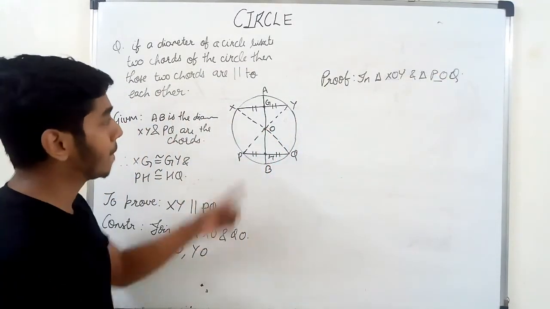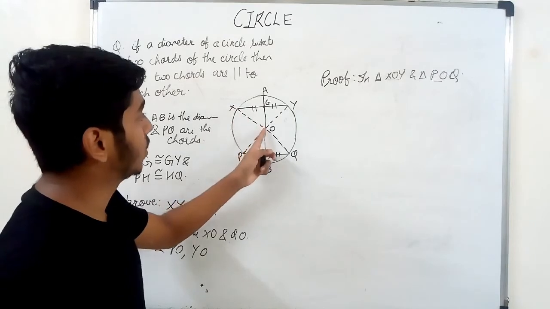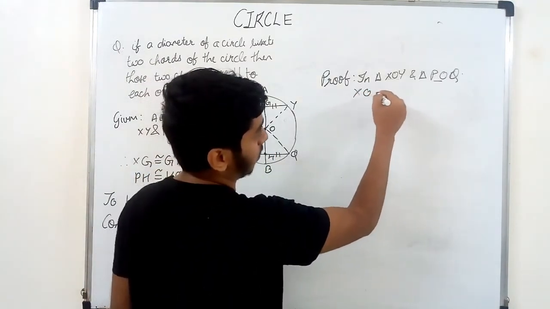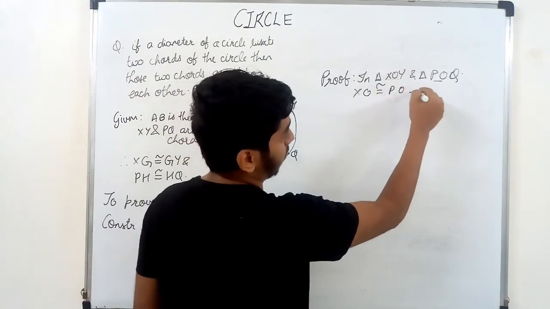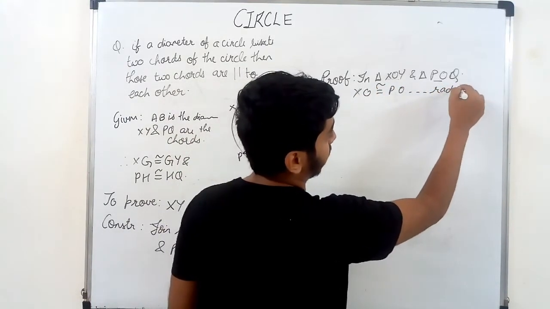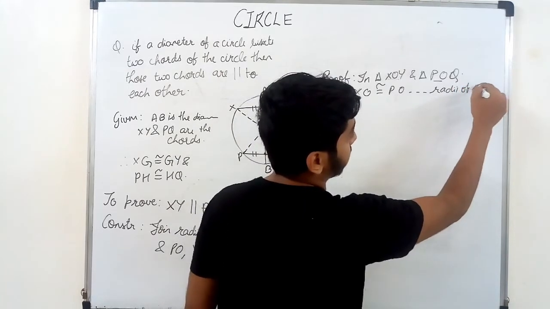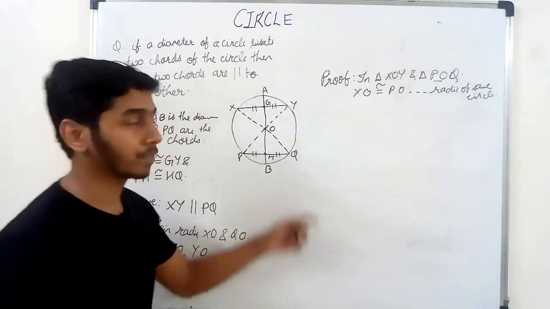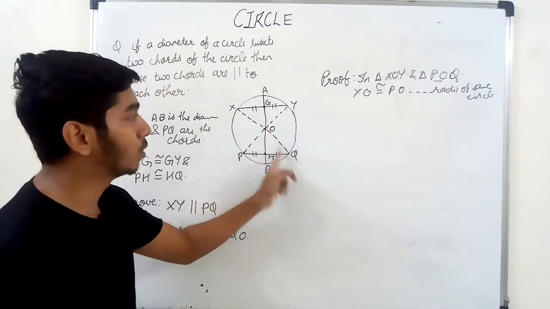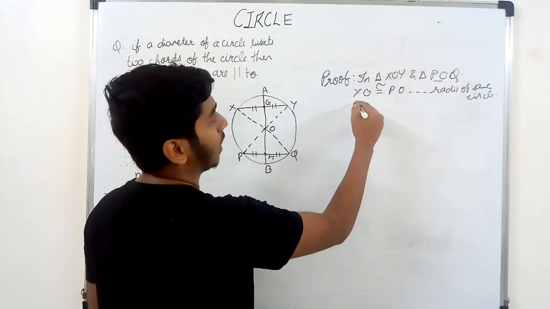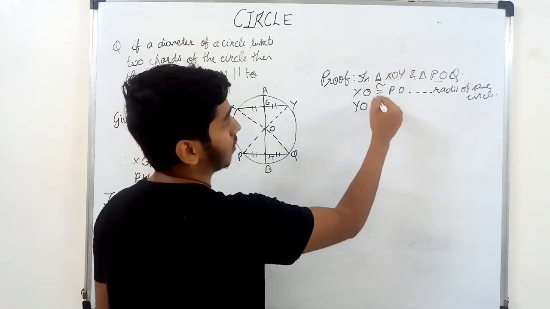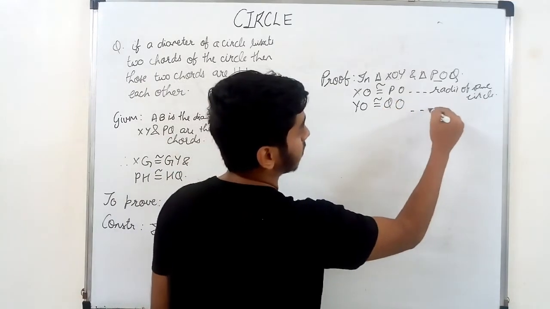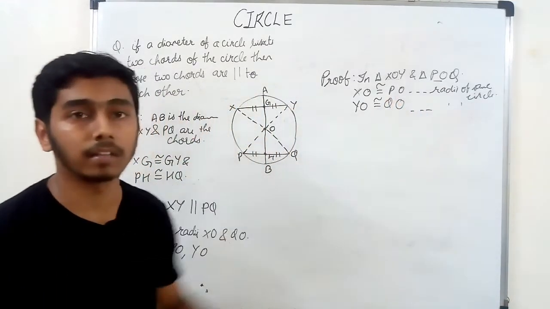Why? Because they are radii of the same circle. Yes or no? Same way, I can say YO is congruent to QO. Same reason, so I'm not writing that.